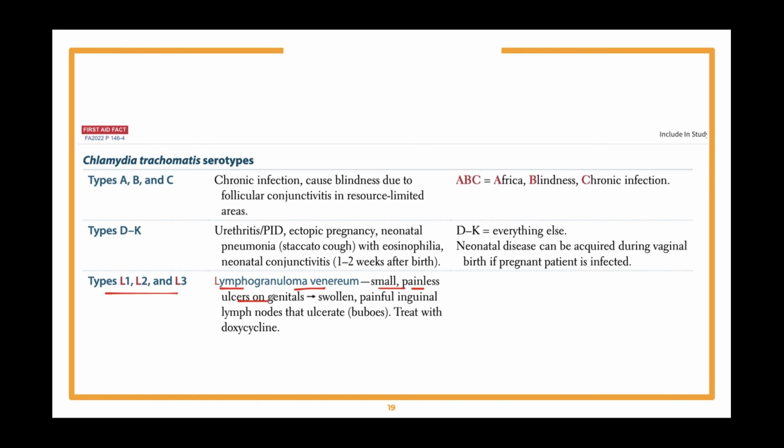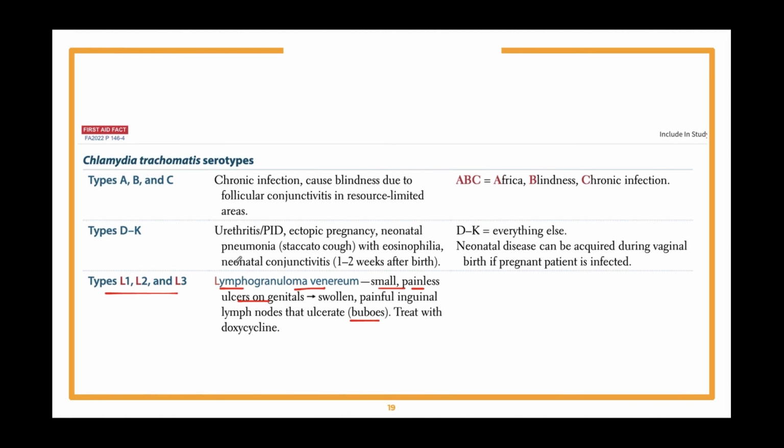It's important to also keep in mind which genital ulcers are painful and painless. This is a painless ulcer. However, it does then go on to become what we call buboes, where you get ulcerated lymphadenopathy, especially in the inguinal areas. So this is a very classic description that they gave us of lymphogranuloma venereum. We also needed to know that it's chlamydia trachomatis. They could have taken it a step further and asked us to know which subtypes, so it's important to know that as well. You can see there the nice mnemonic, L for lymphogranuloma venereum.